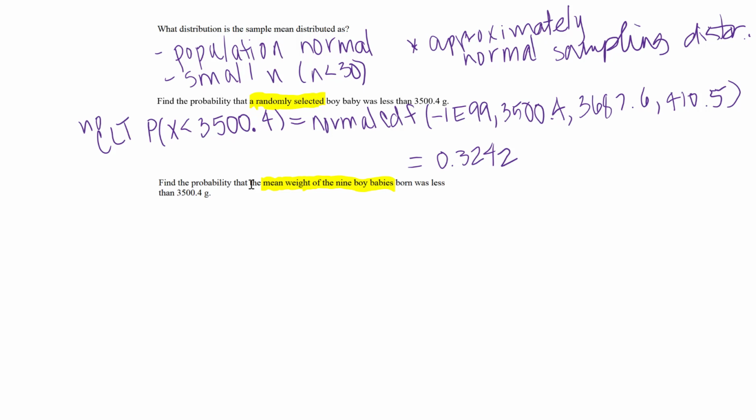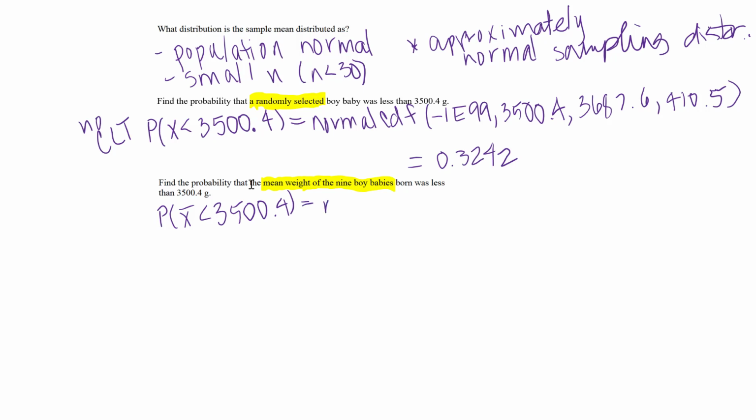This is when we have to consider the mean, okay, the sample mean. So since we want to know the probability of a mean, we're not just using a random individual like we did for X. For the last notation, we're actually going to use X bar.